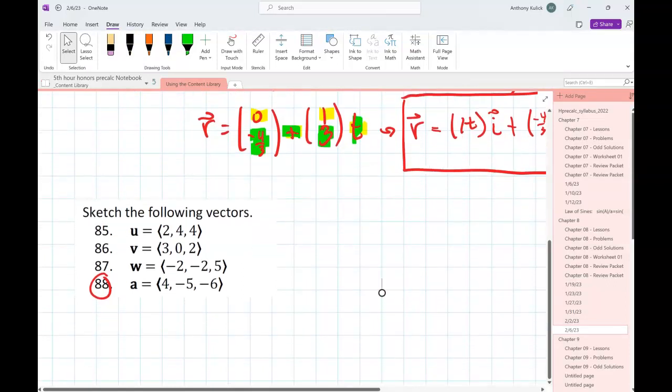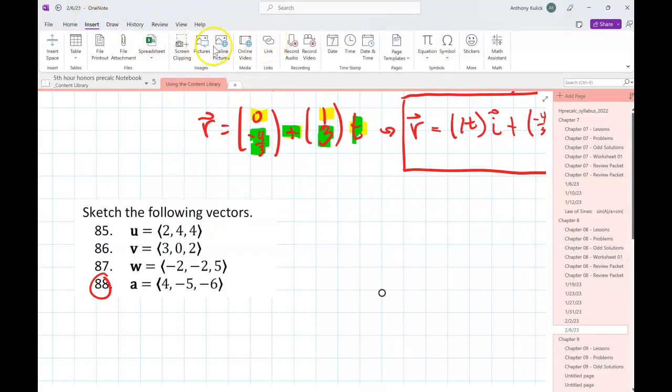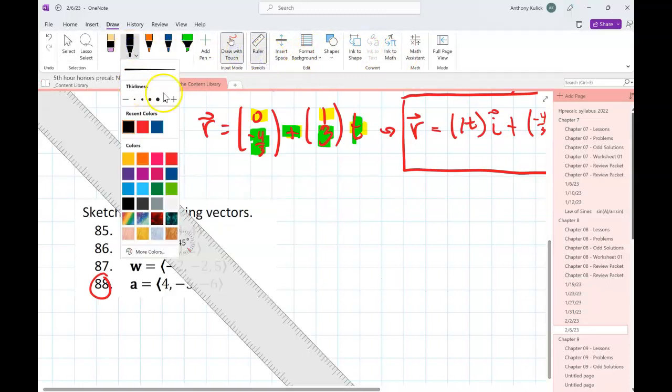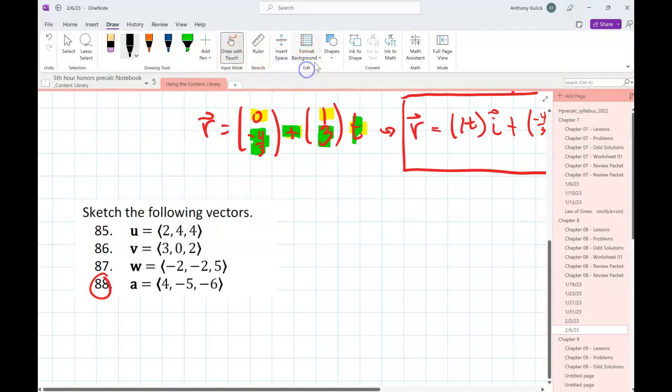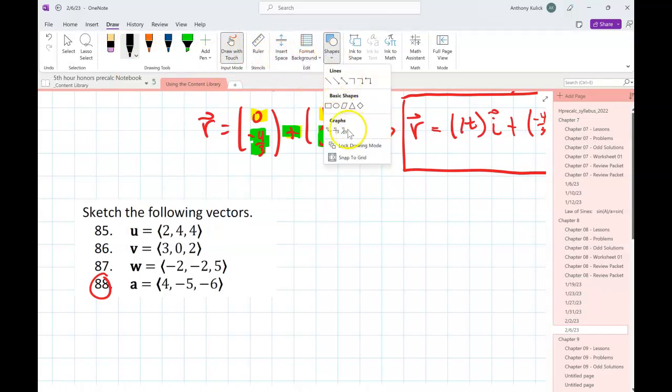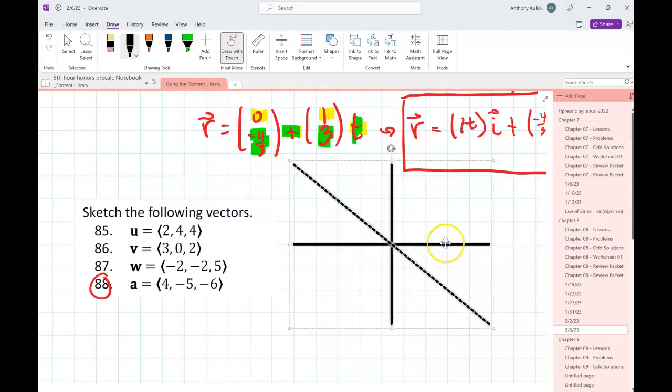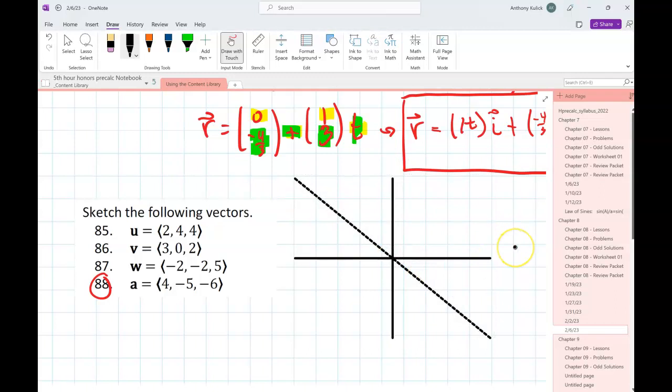And since this has positives and negatives here, I'm going to drop in the XYZ from OneNote, just spread that around to make it fit.